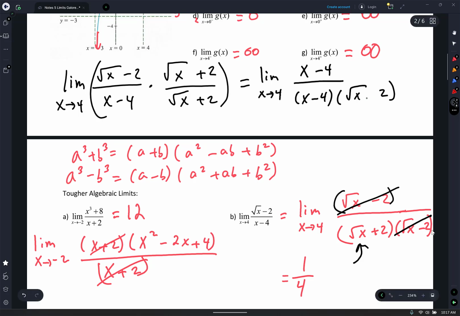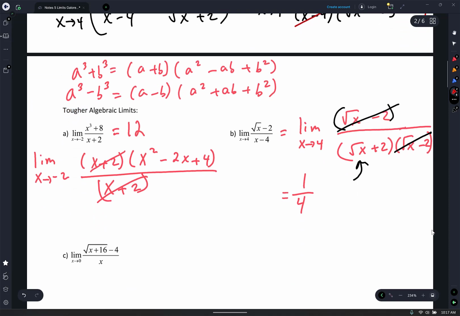See? Let me put the plus out like that. And now look what cancels. The x minus 4s, and you get the same answer. It doesn't matter which way, they both work. How do we feel? Okay.